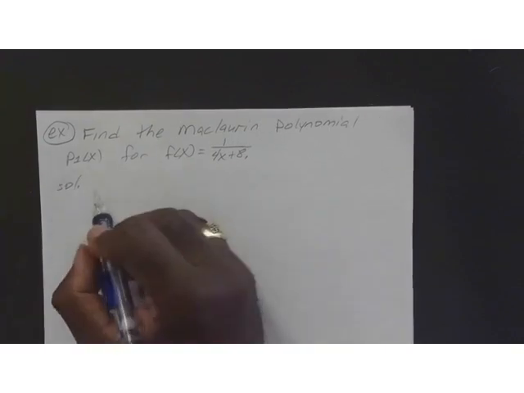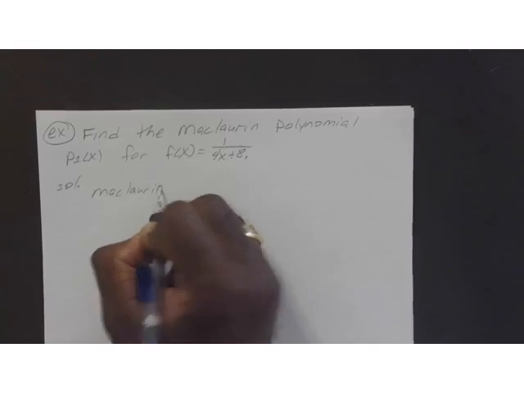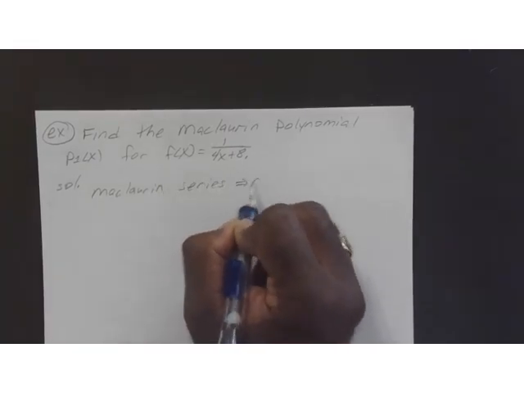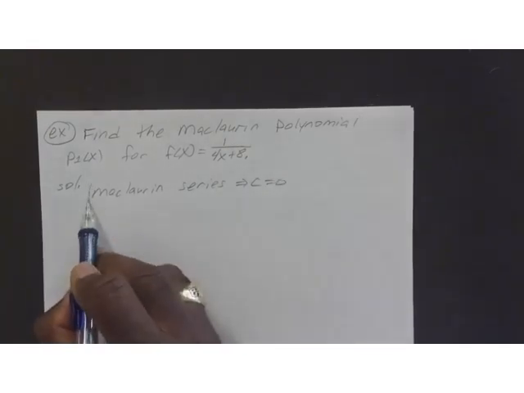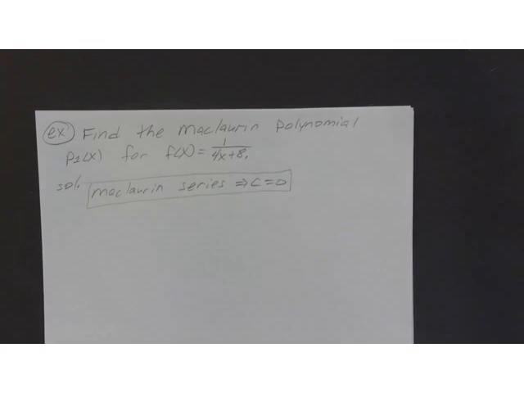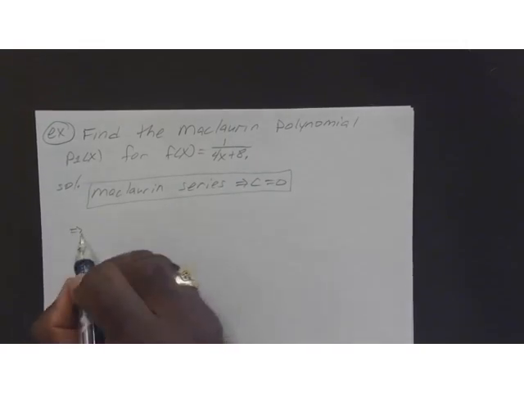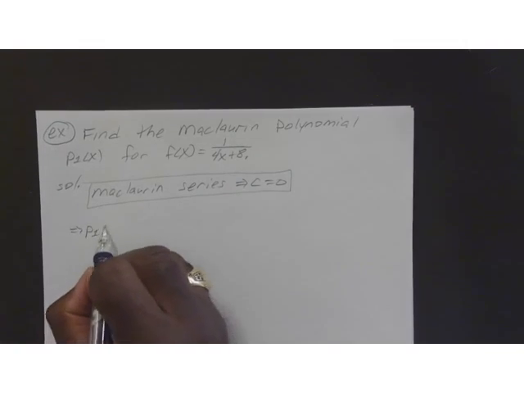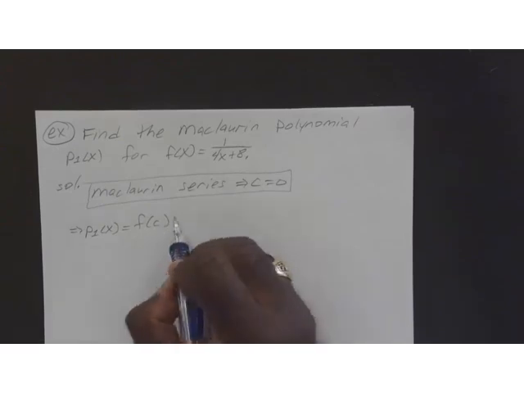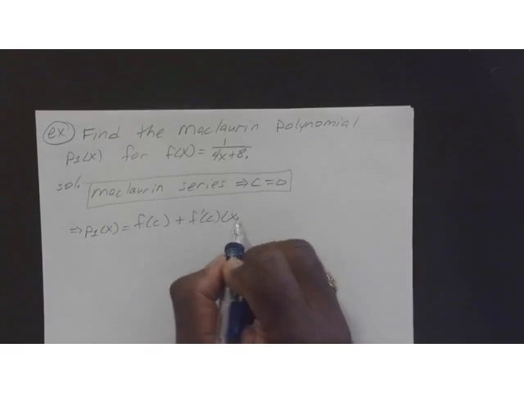Okay. So if you remember for the Maclaurin series, you know that c is equal to 0. And we know that our p sub 1 of x is just equal to f of c plus f prime of c times x minus c.